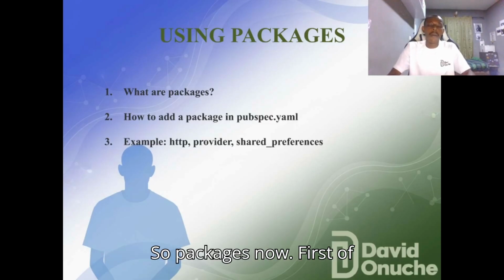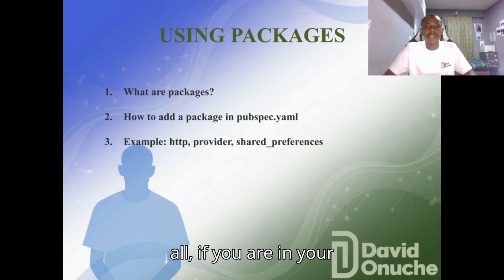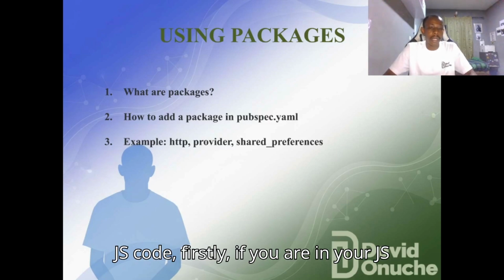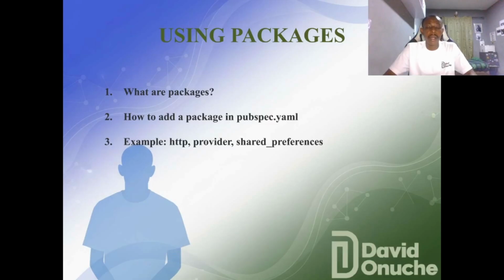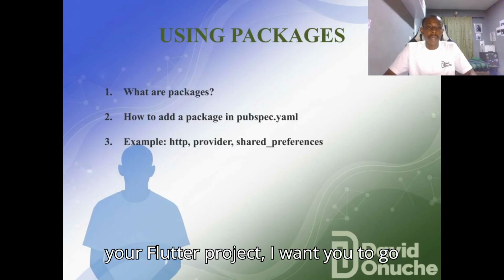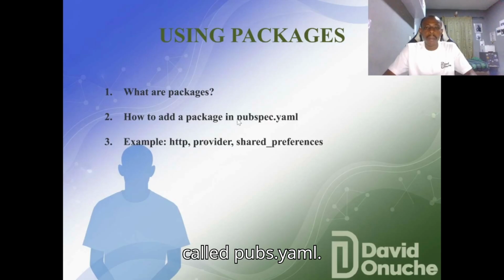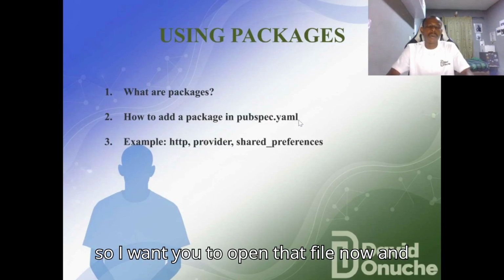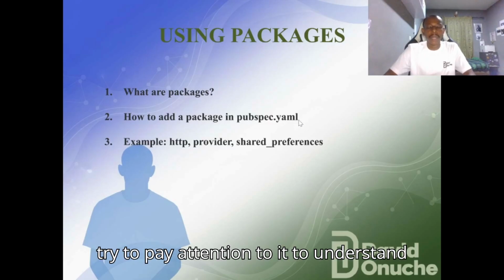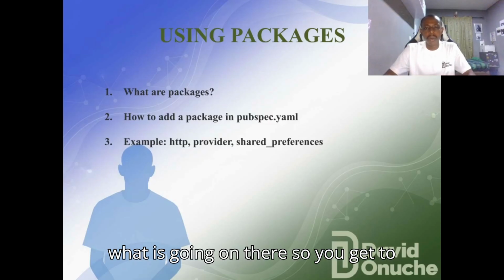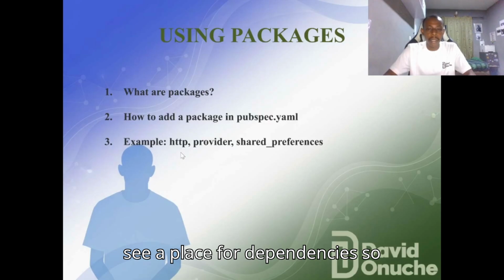So packages now. First of all, if you are in your VS Code and you are in your Flutter project, I want you to go down your file. You see a file called pubspec.yaml. I want you to open that file now and pay attention to understand what is going on there. You get to see a place for dependencies.